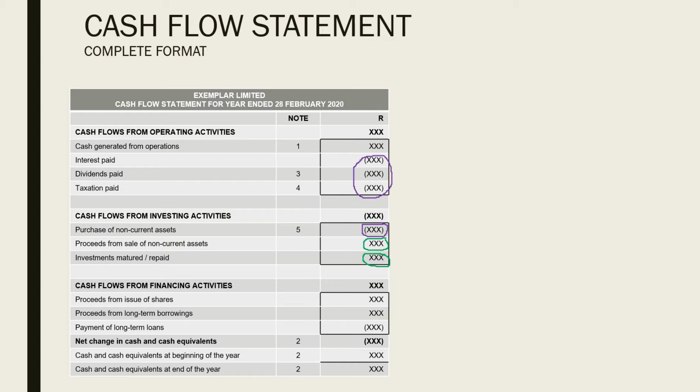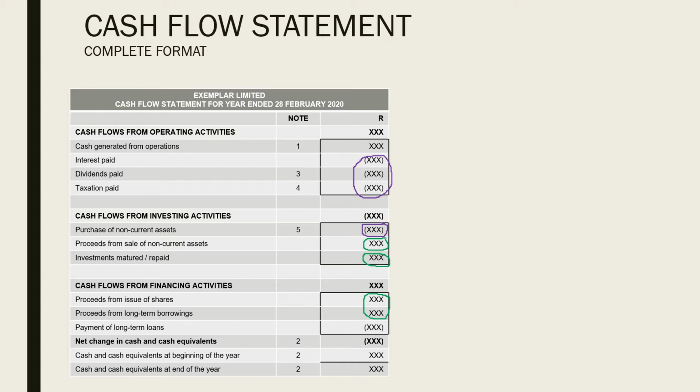Right, if we look at the cash flows from financing activities, the proceeds from the issue of shares and the proceeds from long-term borrowings, you will see they are not bracketed because they will cause an inflow of cash. When we are selling more shares, we will be receiving more money for the shares that we are selling, so an inflow of cash.